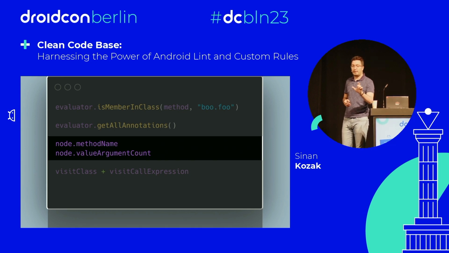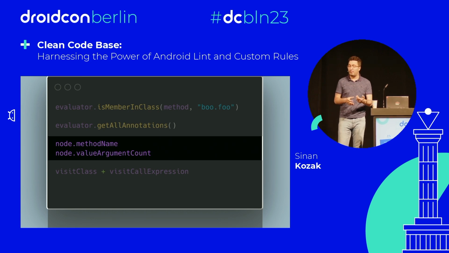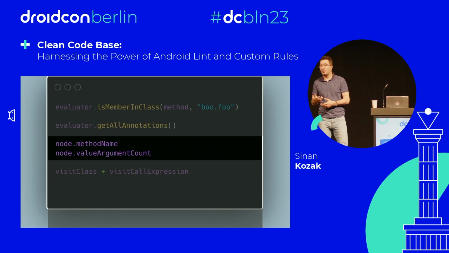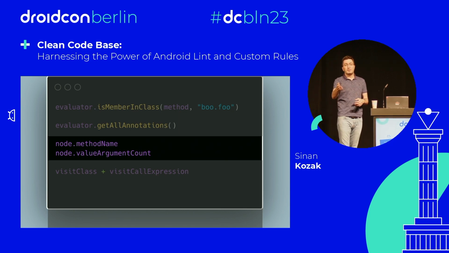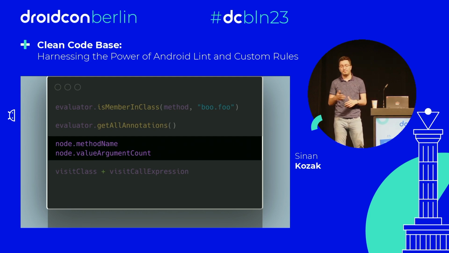When you check the API in the code base, in lint, besides the evaluator, you can also get the node which is being investigated. From that node, you can get the method names and how many arguments they have. This is being used for the logging libraries that we have, because we would like to pass not just the exception but also a message with it.